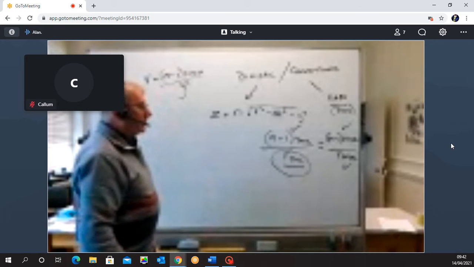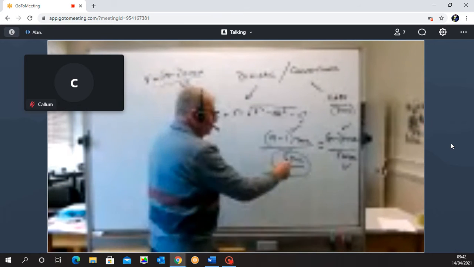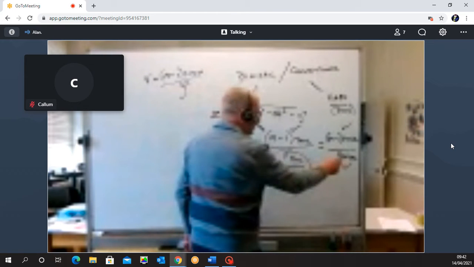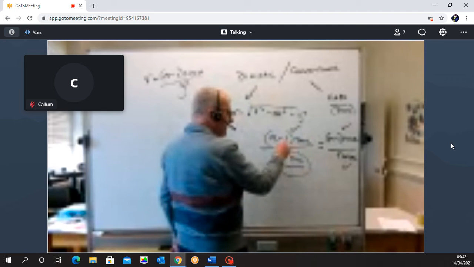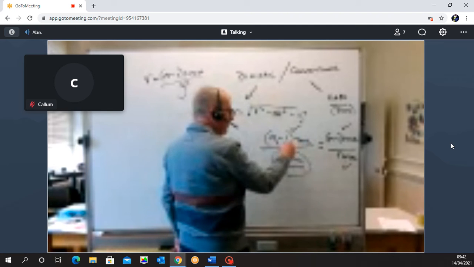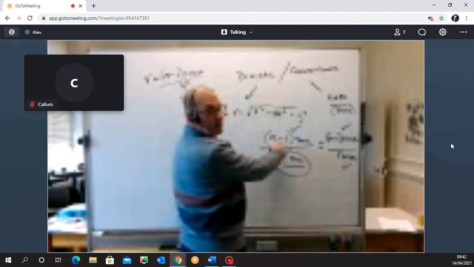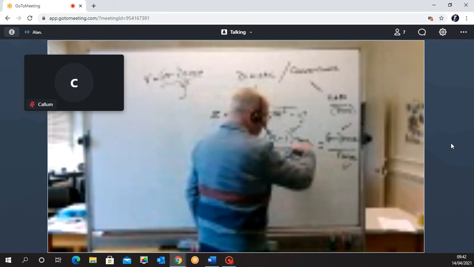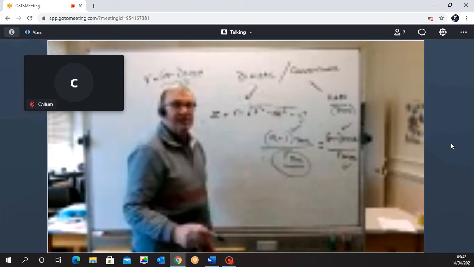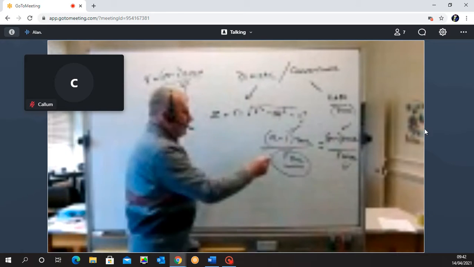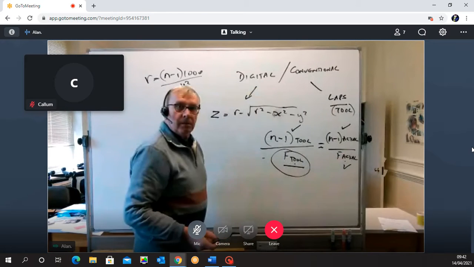I'll do one if you want me to, but basically, if you want to know what this is, you'd multiply the actual surface power by the n minus 1. Remember, it's n minus 1, so this might be 0.498 for CR39 and tools, and this would be 0.74 or whatever the index is. Yeah, so it's that one times that one divided by that one.